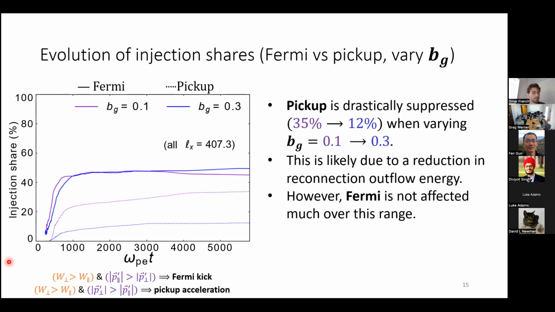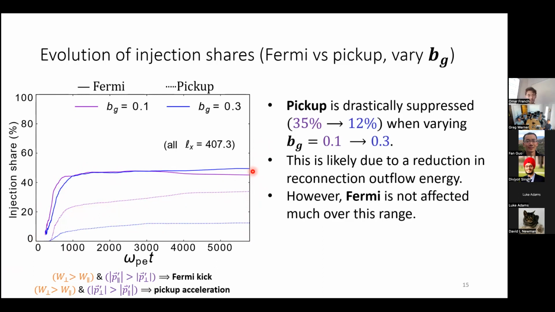Could you show it on the slide? Yes, this dotted line is the pickup injection share, and this as well. When we vary the guide field from 0.1 to 0.3, we have this huge drop, whereas Fermi is remarkably similar for these two guide fields. This is something that maybe I can discuss later. It is an interesting trend.